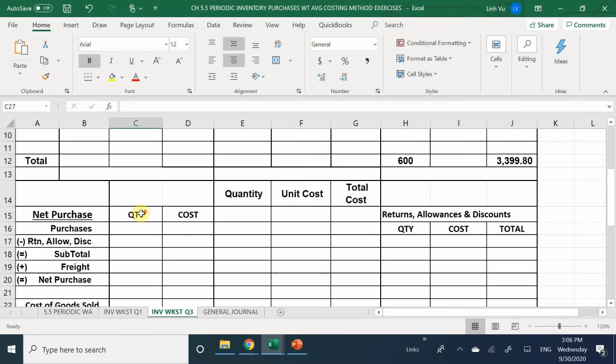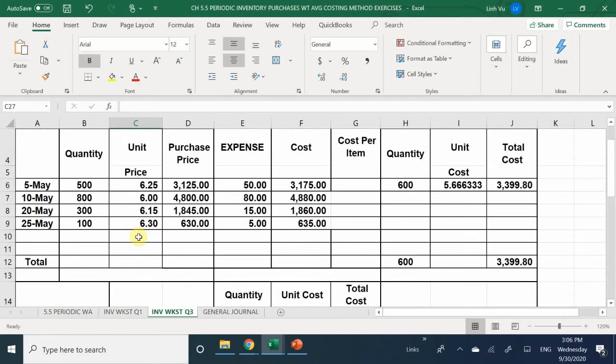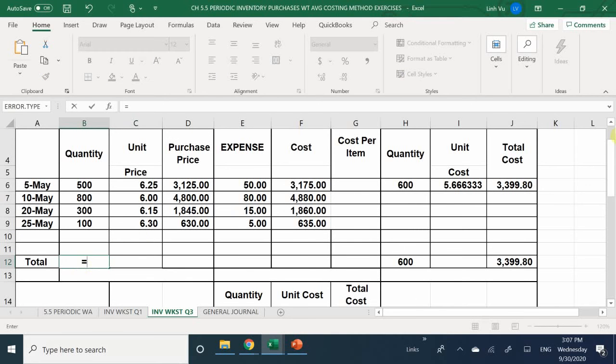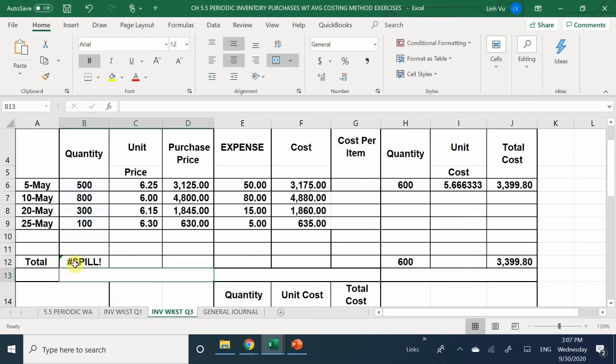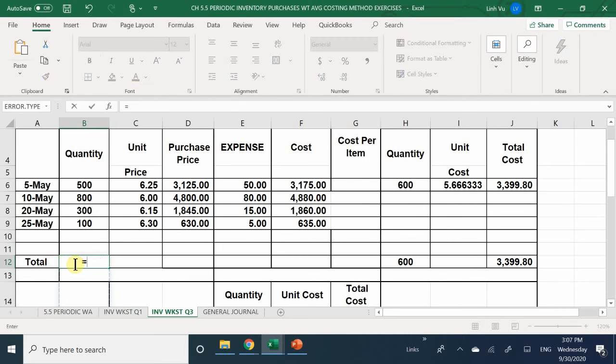Now let's tally up our totals and fill out our columns. The quantity is a total of 1,700.